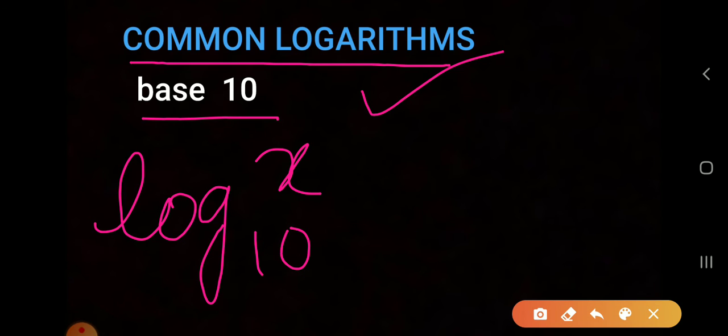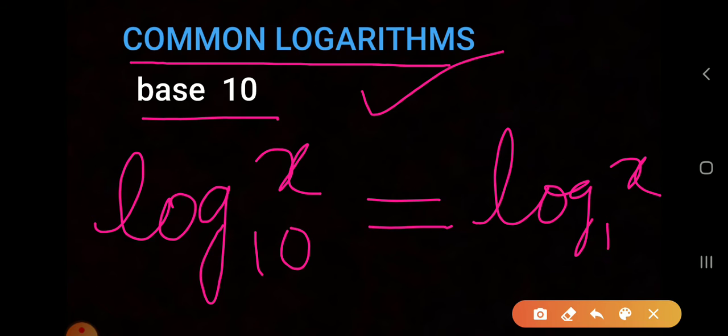Here we don't write it in the form of ln. This is just the common logarithm, always written like this, log x to the base 10 only. This is the second one, common logarithms. These are the most important in logarithms.